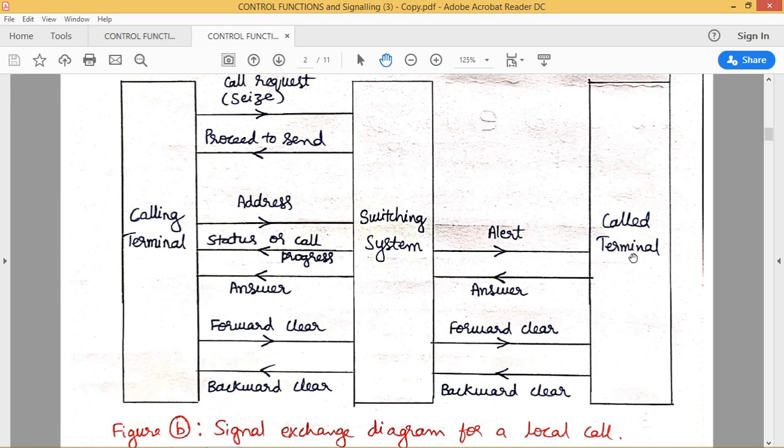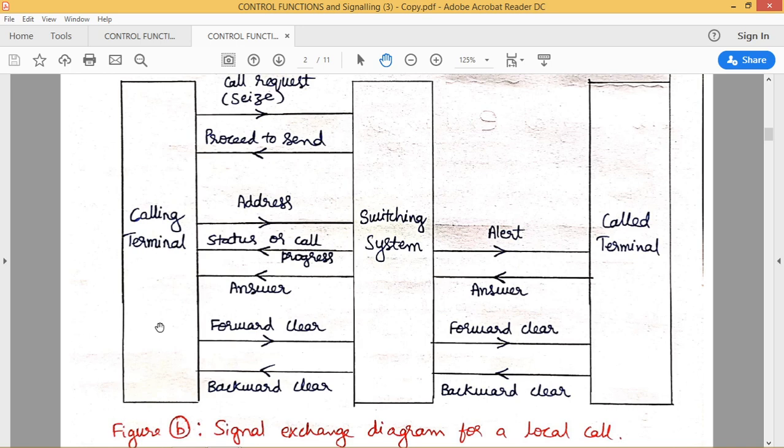Once the called user receives the call and answers, an answer signal is sent to the exchange. Of course the same answer signal is sent to the calling customer, saying he can start communicating. Once the answer signal is received by the calling person, a complete connection is established between the calling person and the called person, and both can start conversing.